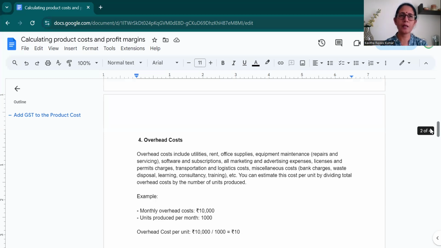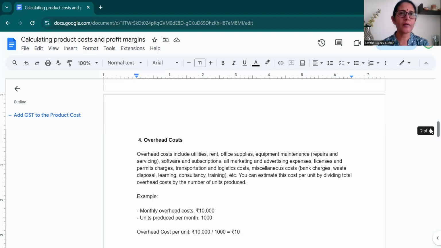If you are paying your corporation any amount for waste disposal, you can include that under the overhead cost. Learning and training charges, say like you are training your employees or you are upgrading, say for example you are learning this course, so whatever fees for this particular course you have spent can be included under overhead cost for your business.